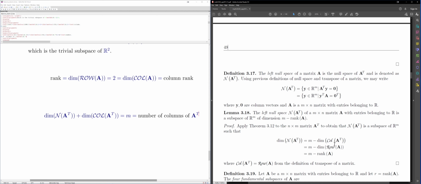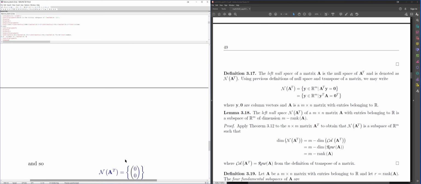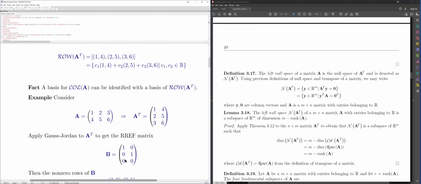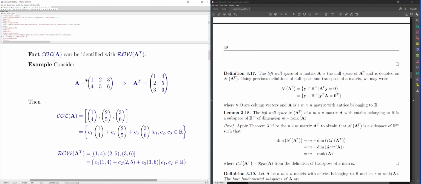Okay, so remember we did an identification of column space of A with row space of A transpose, right? Similarly, column space of A is identified with row space of A transpose.